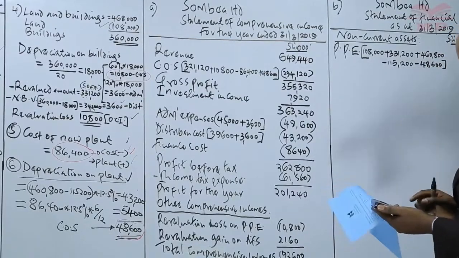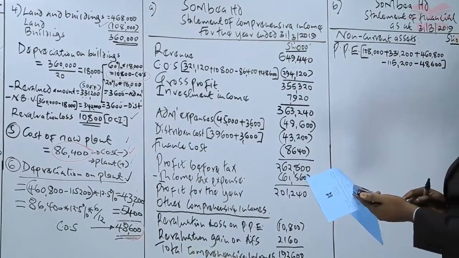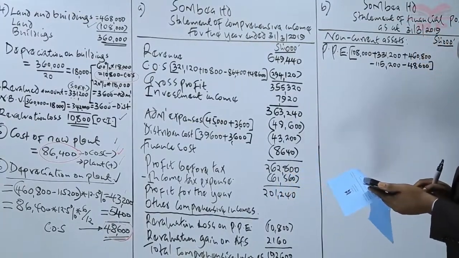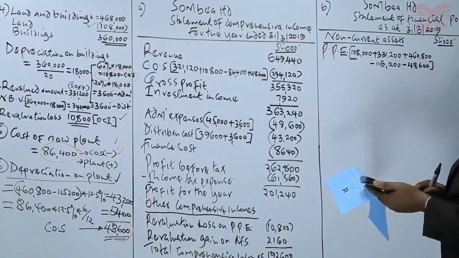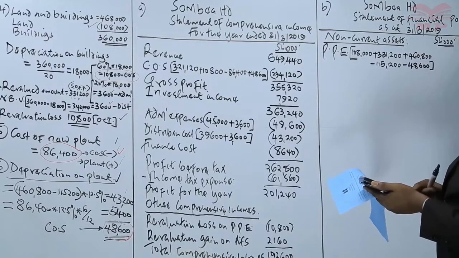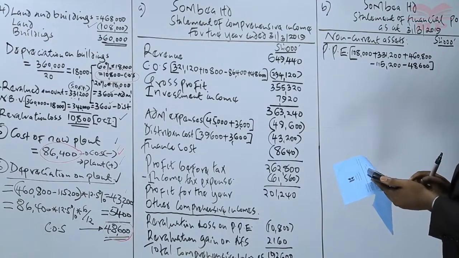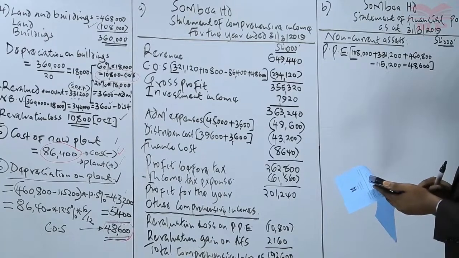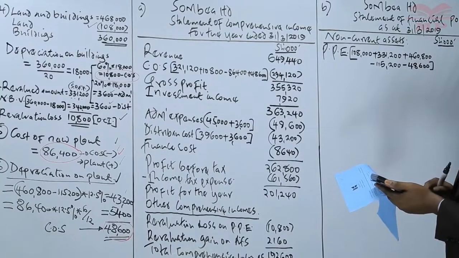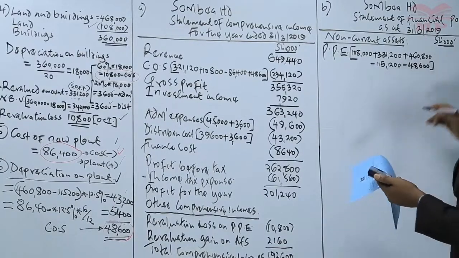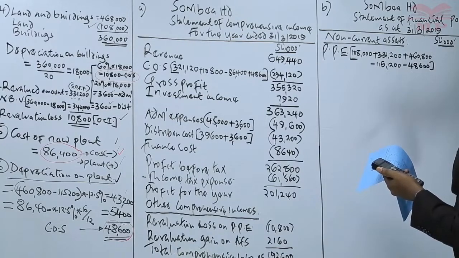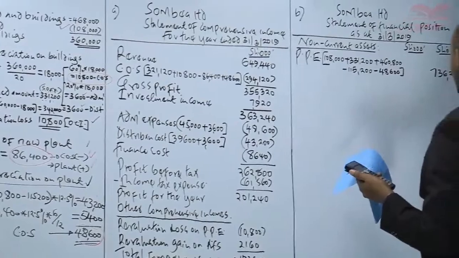So let's compute that amount. We have 108,000 plus 331,200 plus 460,800, and then minus 115,200 minus 48,600, and that will give us a net book value of 736,200.